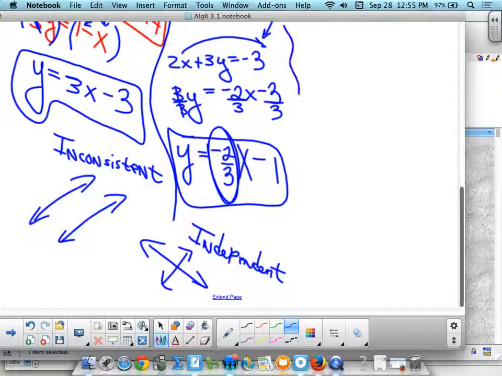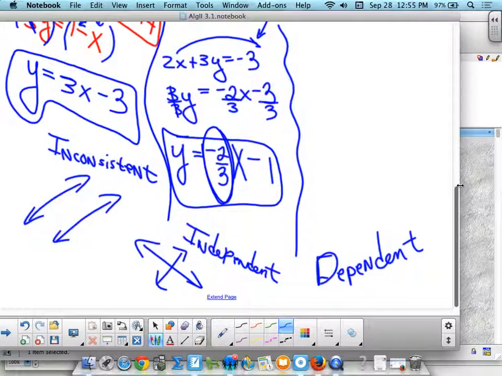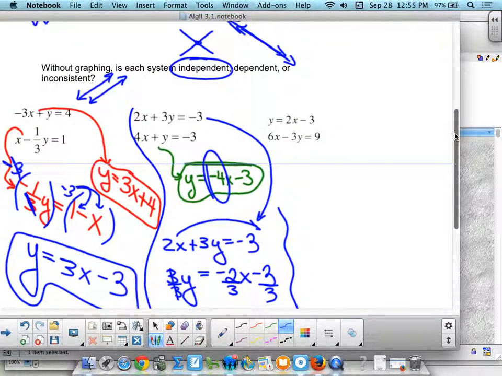Would you mind if I didn't do the next one? What is the system? Isn't it going to be dependent? So if I go back up really quick, this one has a slope of 2. And this one, if you solved it for y, I would get 2x minus 3.